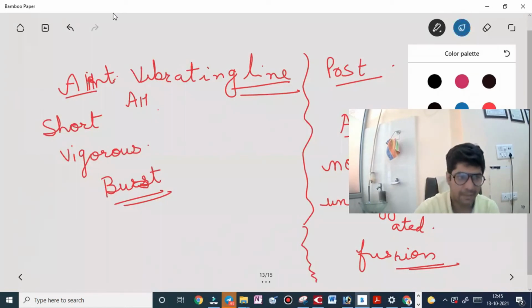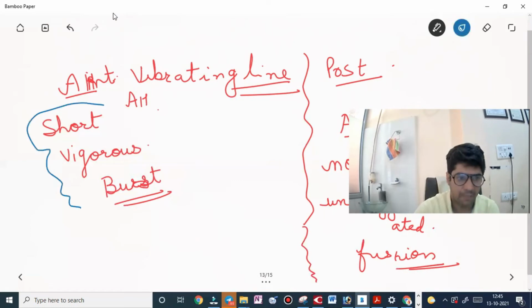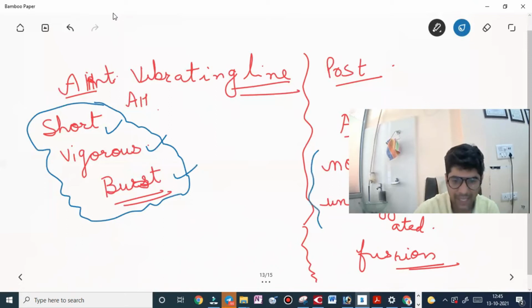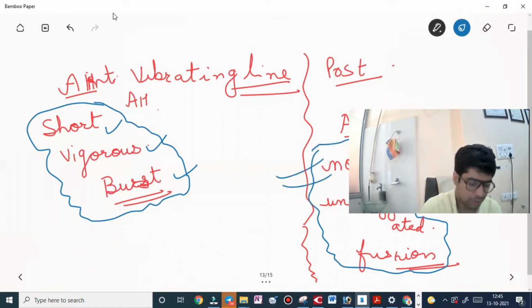The anterior vibrating line can be recorded by asking the patient to say ah in short vigorous bursts, whereas the posterior vibrating line can be marked by asking the patient to say ah in a normal, unexaggerated fashion. This is what they usually ask in examinations.